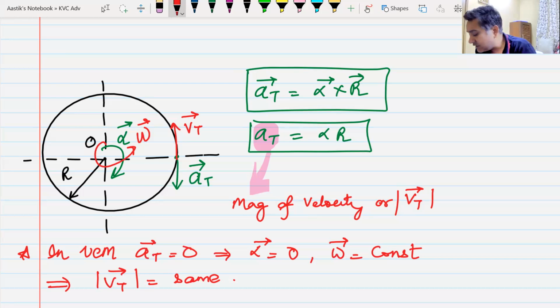Even though the magnitude of tangential velocity in a uniform circular motion remains same because alpha is 0 and omega is constant, one thing definitely changes. What is that thing? Direction, sir? Direction of velocity changes. And the gentleman that changes the direction of velocity is known as?